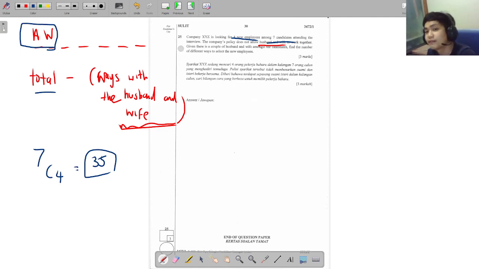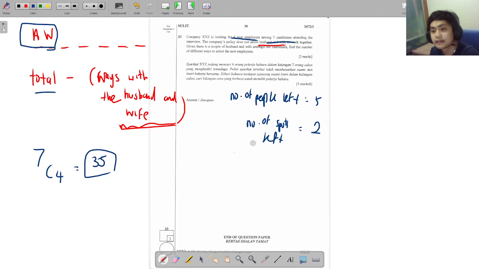So if the husband and wife are already in the company, means the number of people left would be 5. And the number of spots left would be 2. So in other words, the ways in which the husband and wife are in is just 5C2, right? So 5C2 is just 10, right?